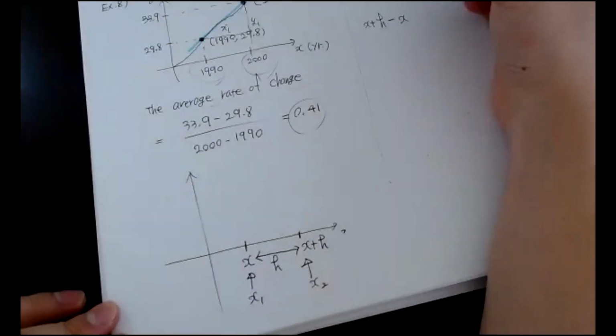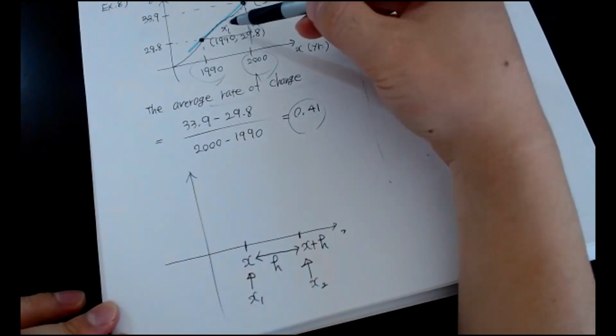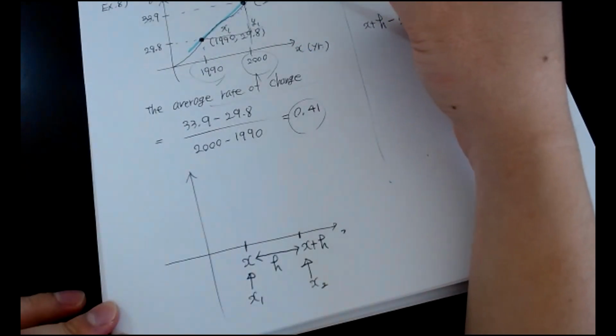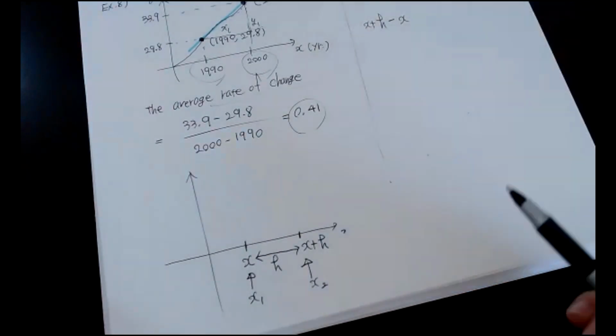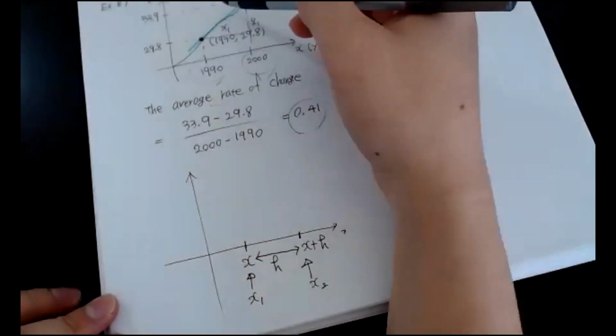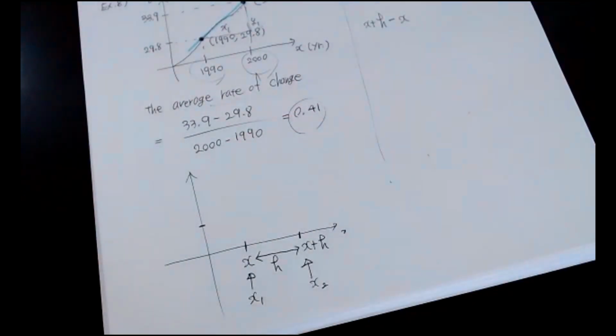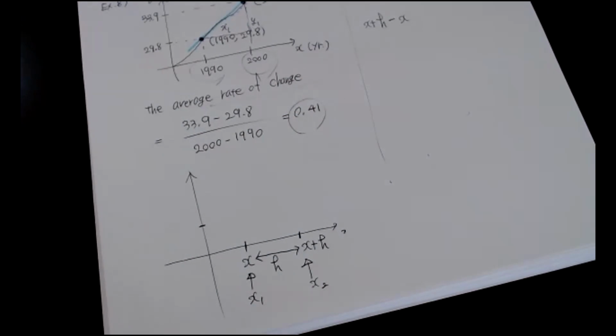Now, y1 is the y value corresponding to x1, and y2 is the y value corresponding to x2, right? So let's say we assume that we know the function of the population, so that we can figure out the population at any year.